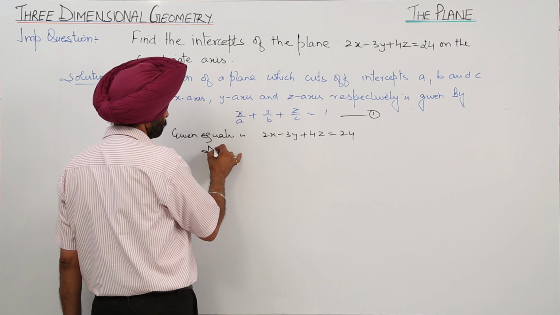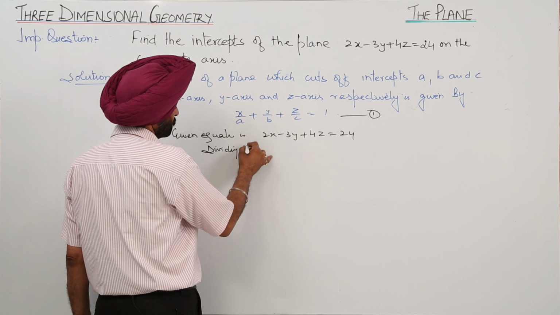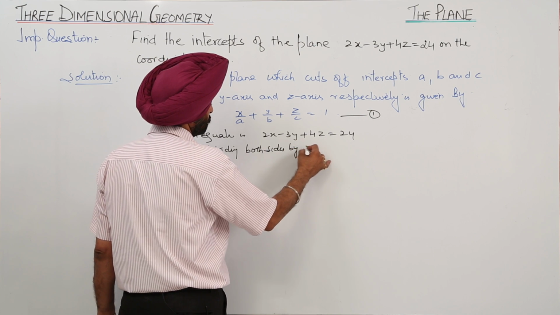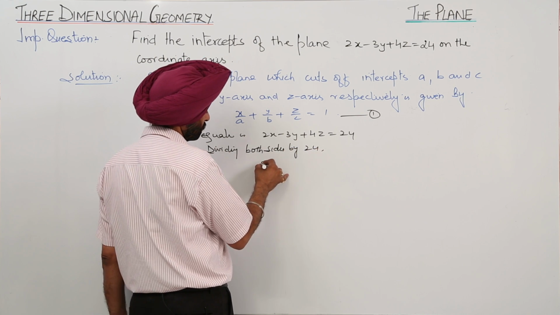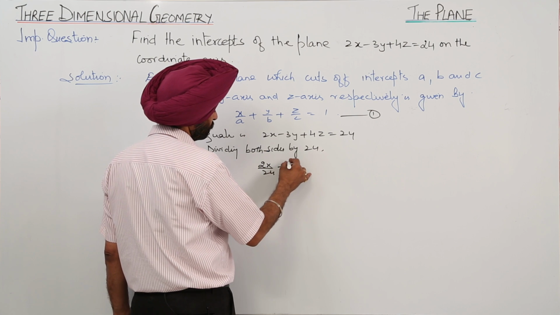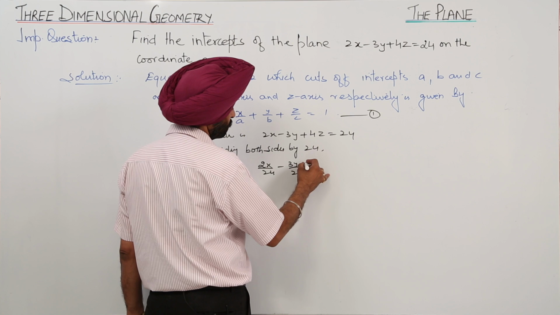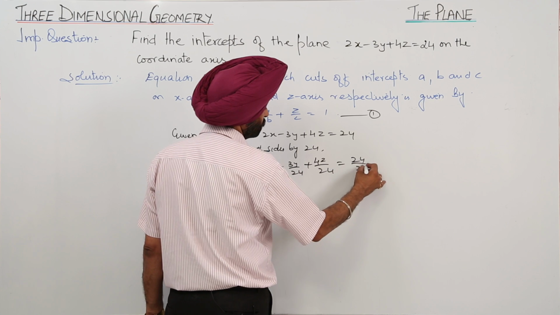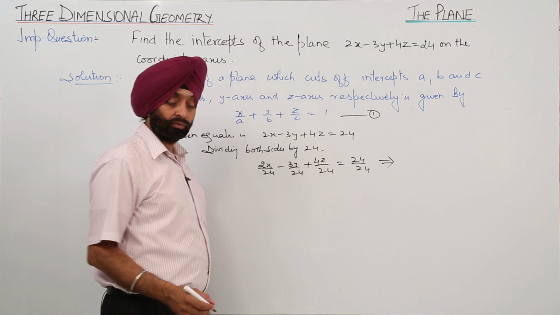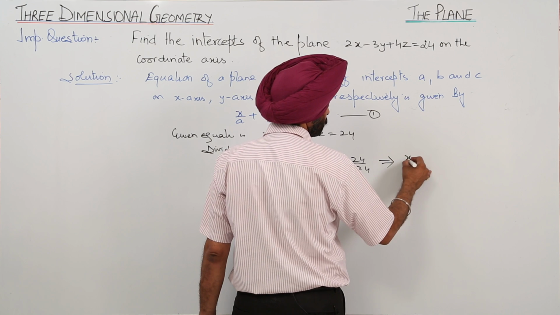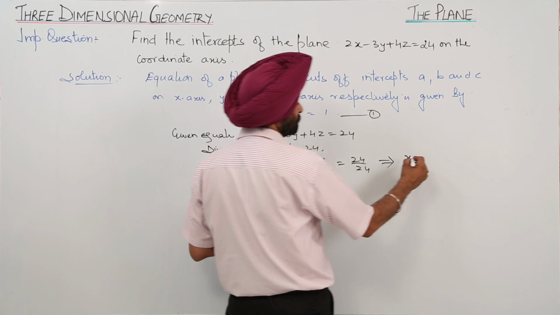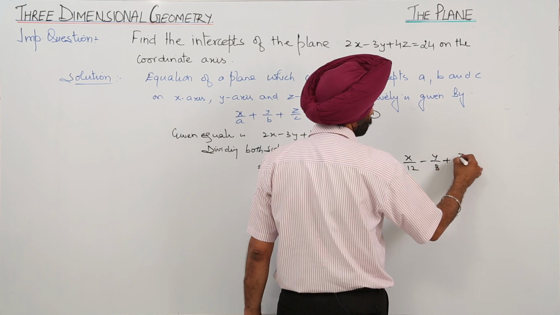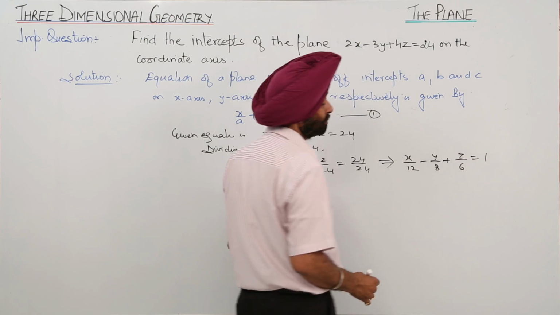Now, dividing both sides by 24, we are getting 2x upon 24 minus 3y upon 24 plus 4z upon 24 is equal to 24 upon 24. Now, this gives us x upon 12 minus y upon 8 plus z upon 6 is equal to 1.